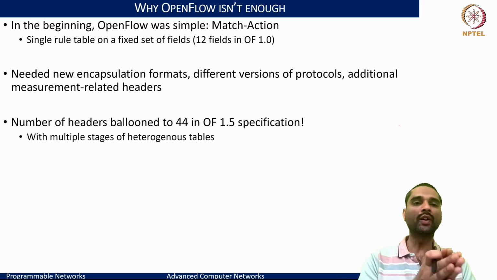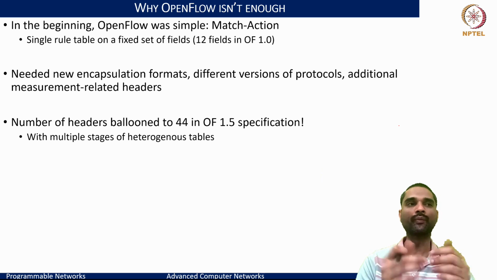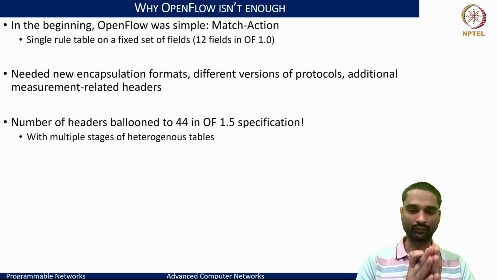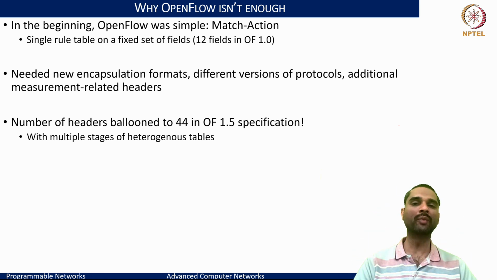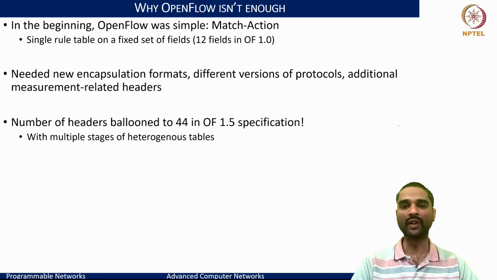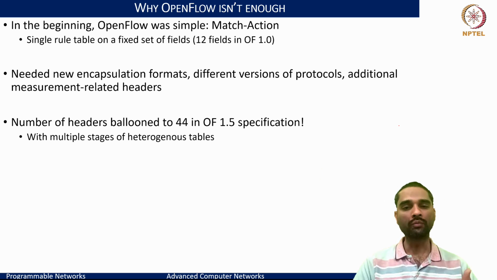Initially it all started with a single rule table, what we call single match action tables or SMTs, where all the sets of rules would be baked into a single table in the early OpenFlow 0.9 and 1.0. And then it evolved into multiple match action tables.